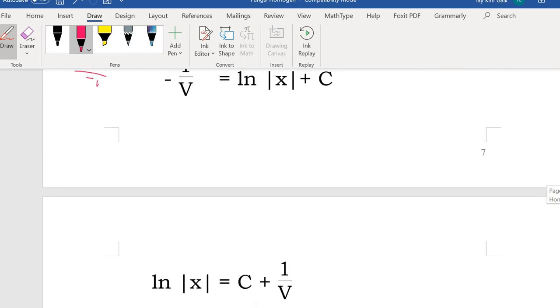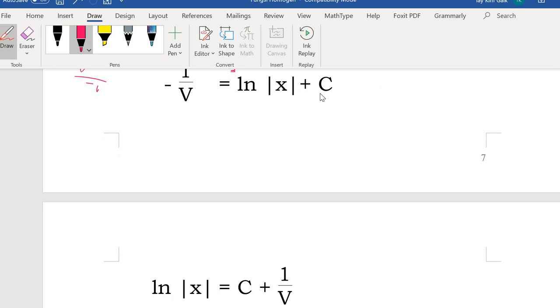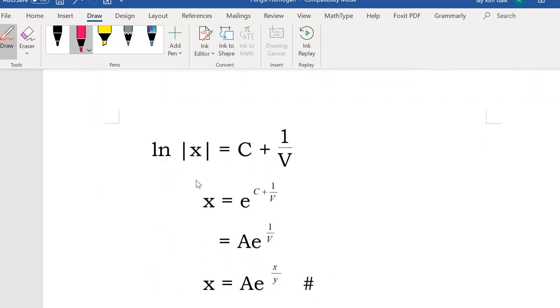Okay, then from here, negative ln x, we bring to the left side, so you get positive ln x. So c minus 1 over v, we bring to the right hand side, become plus 1 over v.